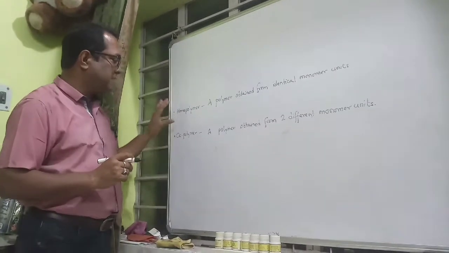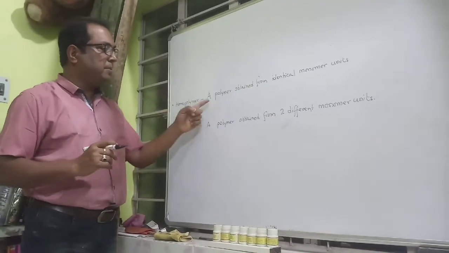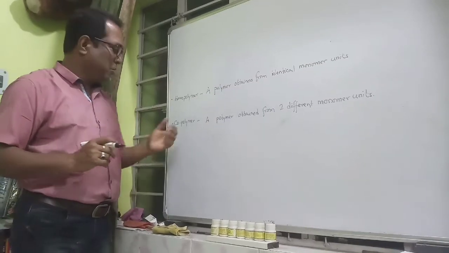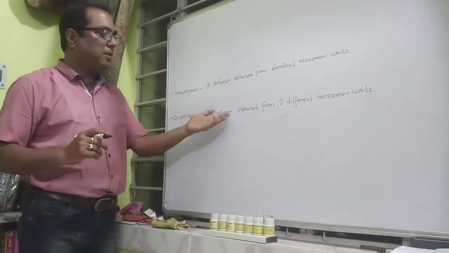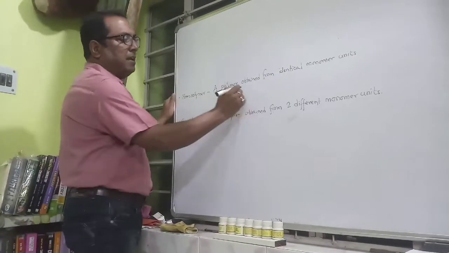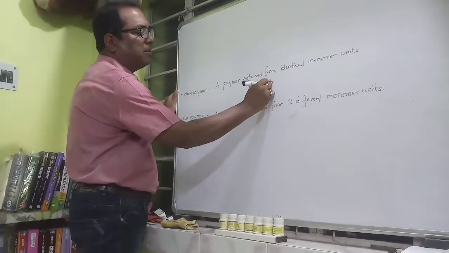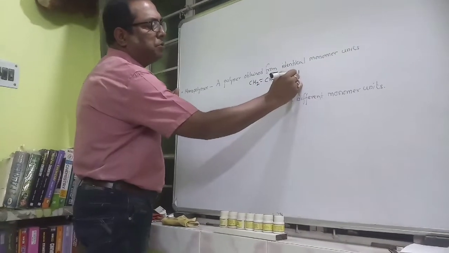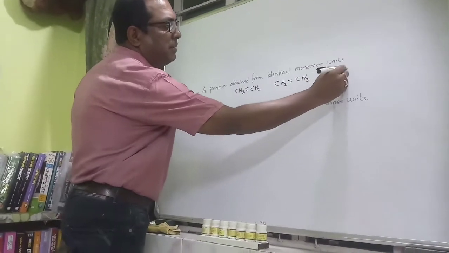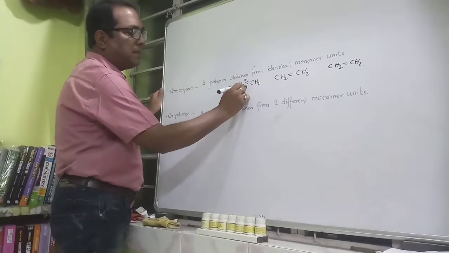Now we are going to consider the homopolymer and copolymer. A homopolymer is a polymer obtained from identical monomer units, while a copolymer is a polymer obtained from two different monomer units. I will give you some examples. Say this is ethene, CH2=CH2, CH2=CH2. This is the sigma bond and this is the pi bond.